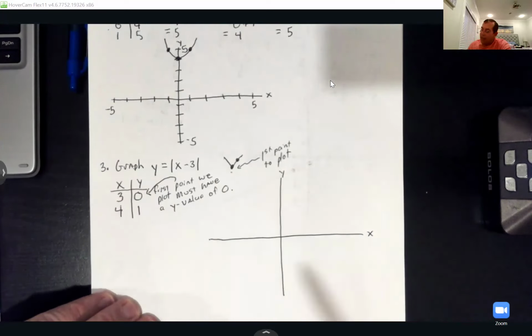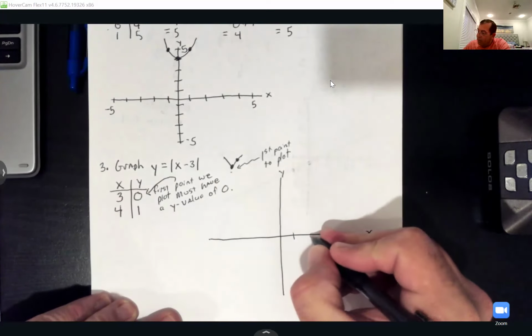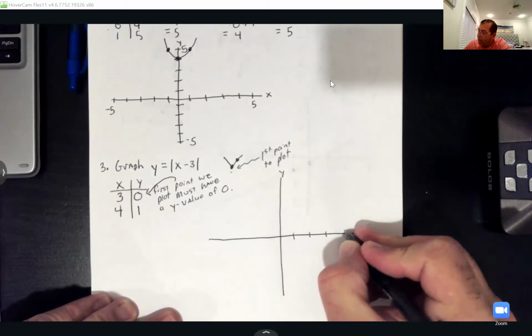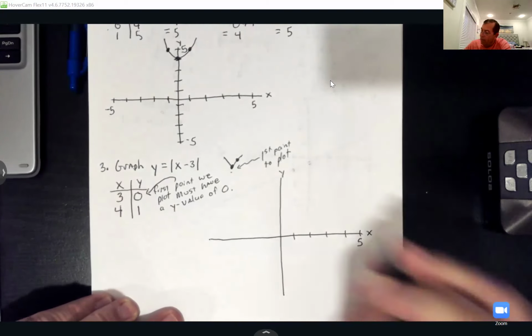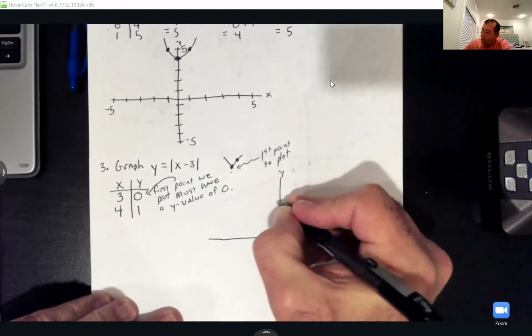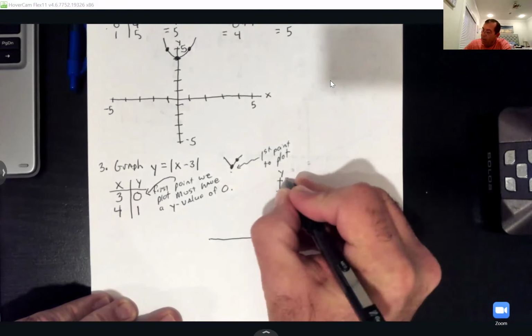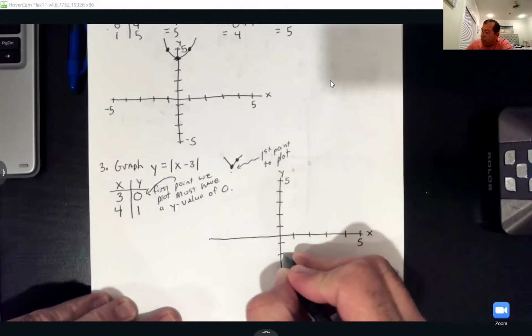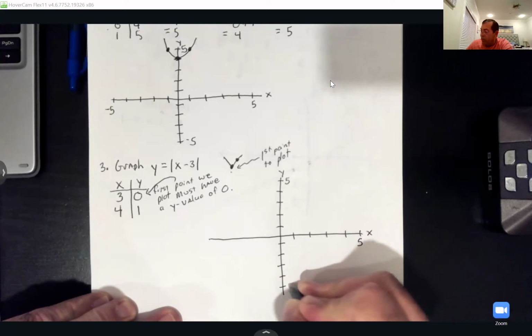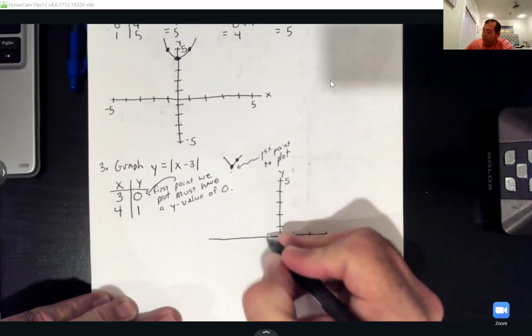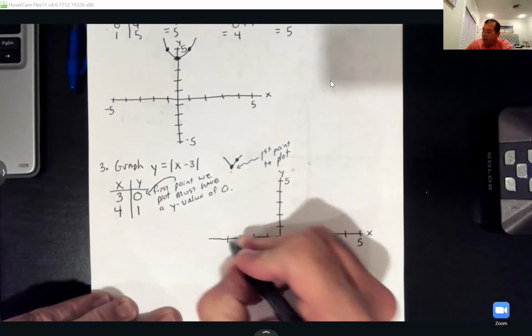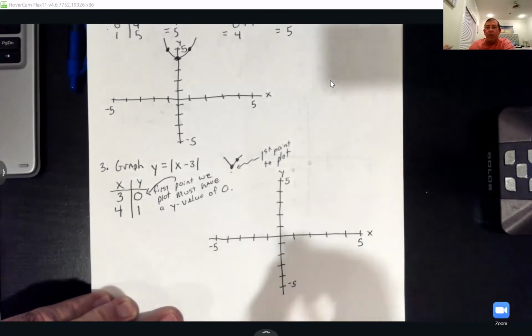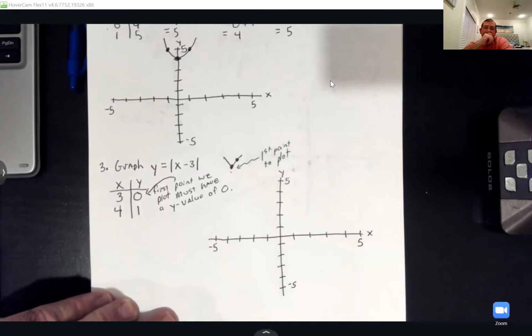All righty, so I guess I can go out about 5 on this one. Now I'll do this one on the calculator also, so that y'all can see where that absolute value is again.